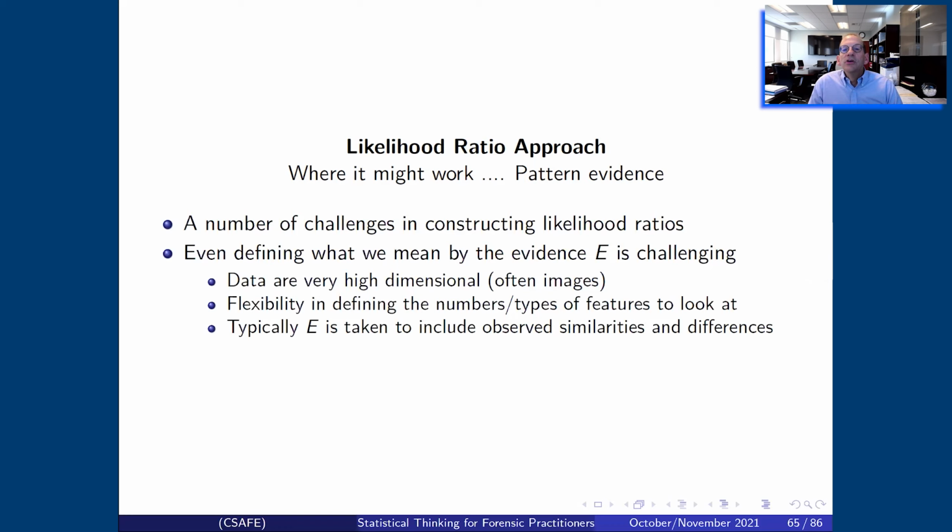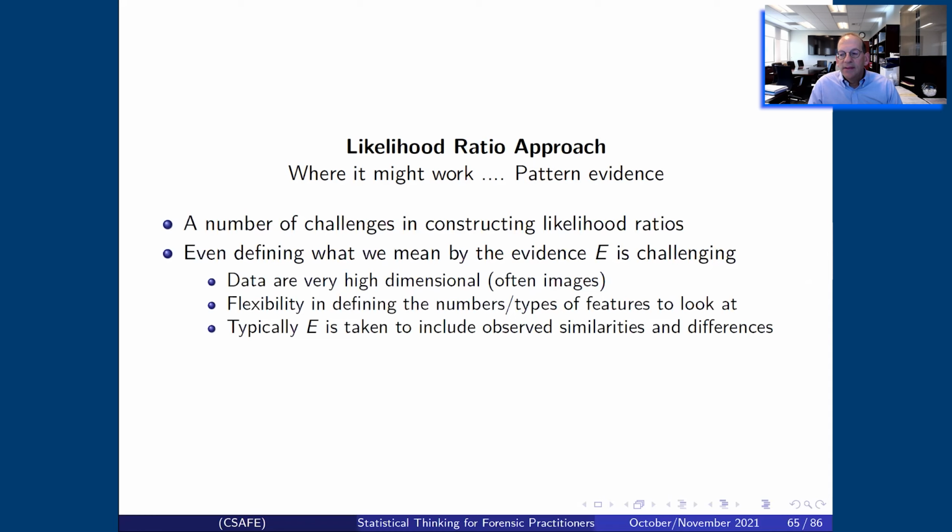Very hard to describe the probability of seeing an image like that. And so we often then resort to looking at features of those images, things like minutiae in fingerprints, racks in footwear, specific characteristics of bloodstain patterns.